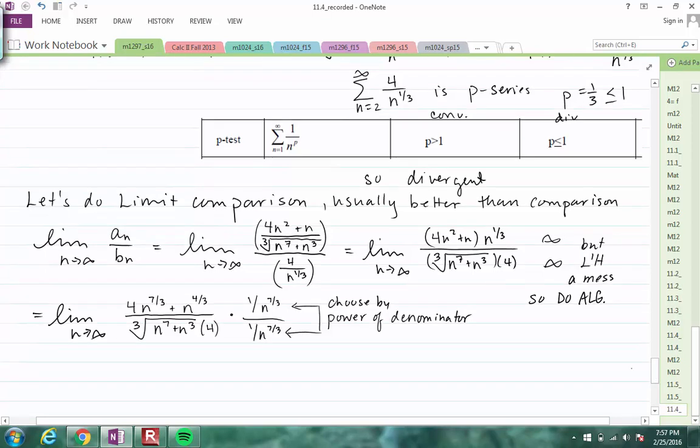So let's see that. I'm going to write this out. Limit as n goes to infinity, and we're going to have 4 n to the 7/3 divided by n to the 7/3, plus n to the 4/3 over n to the 7/3. Next thing, I'm just going to put my 4 out front here, and I have my third root, which is the same as the 1/3 power, and then the n to the 7th comes inside the root.